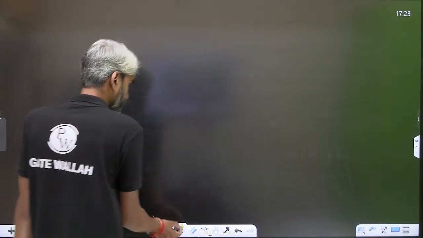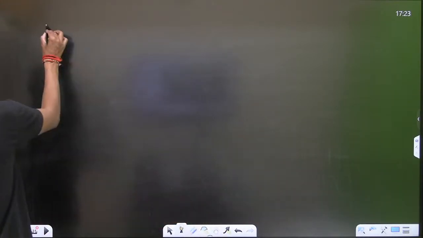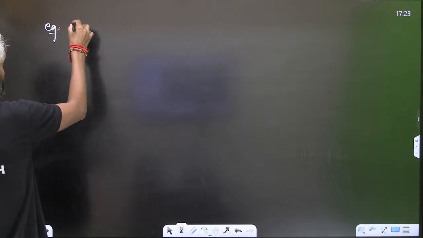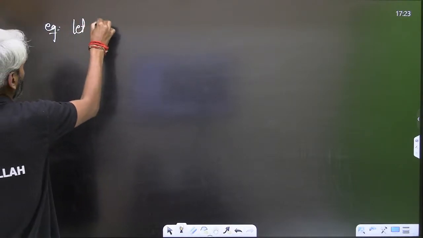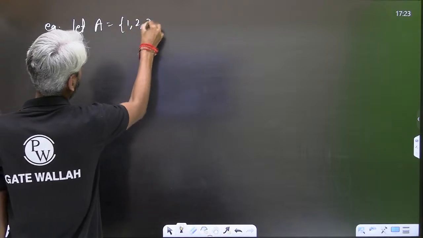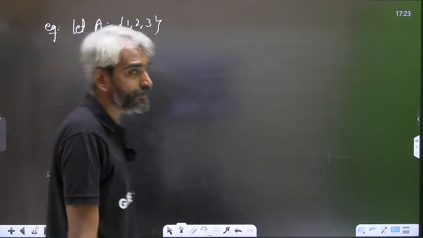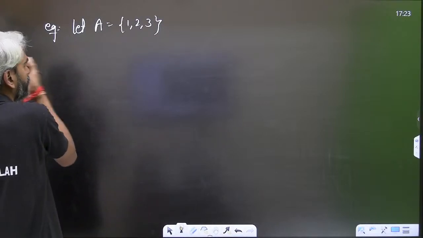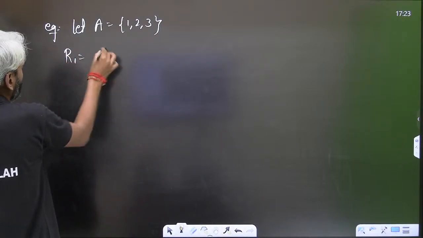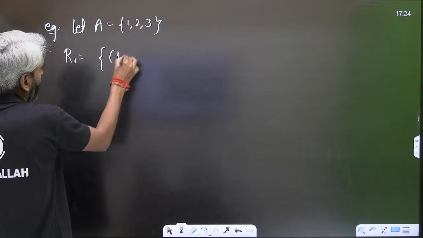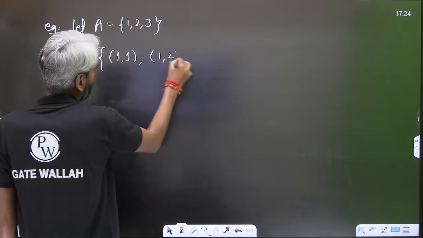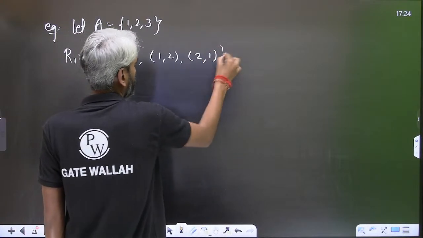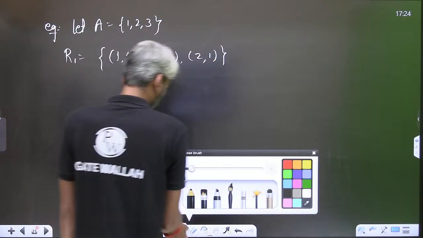Let's do some other things. Example: A equals 1 to 3. If I have a relation R1 with (1,1), (1,2), (2,1), please tell me, is it reflexive?